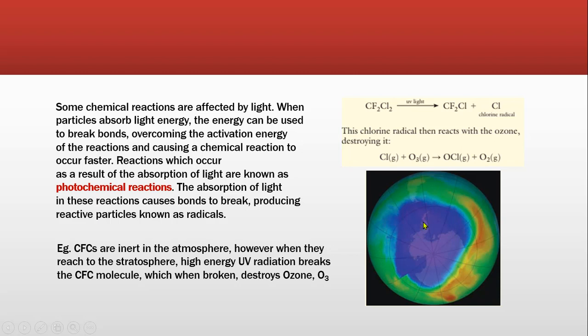So what we call greenhouse gases, these things break down our ozone layer using UV light from the sun. Light is not always an important factor when it comes to rate of reactions. It is only necessary in terms of photochemical reactions, which are reactions that are only sensitive to light.